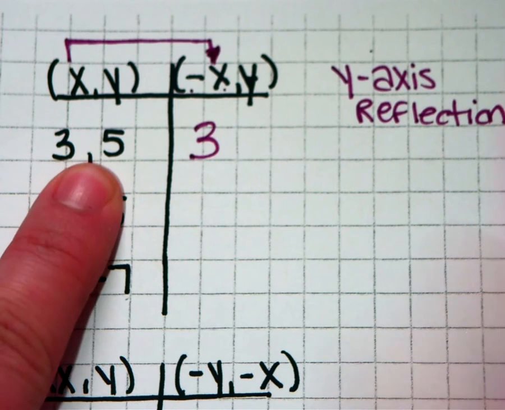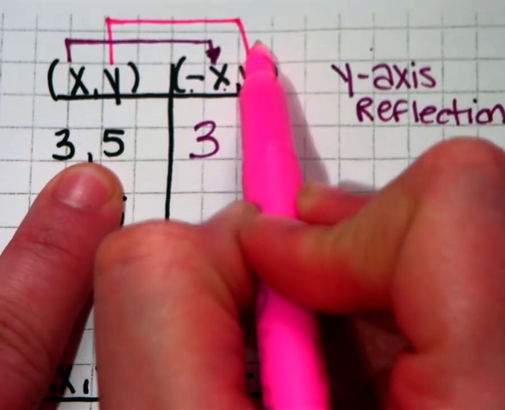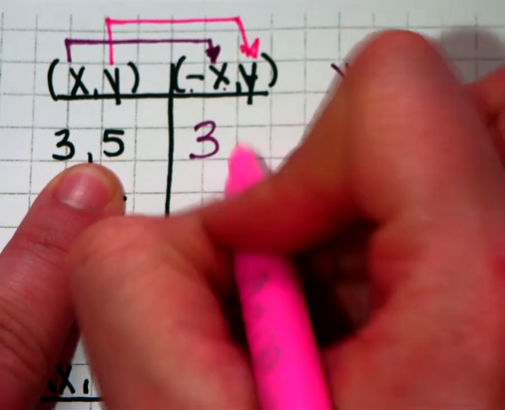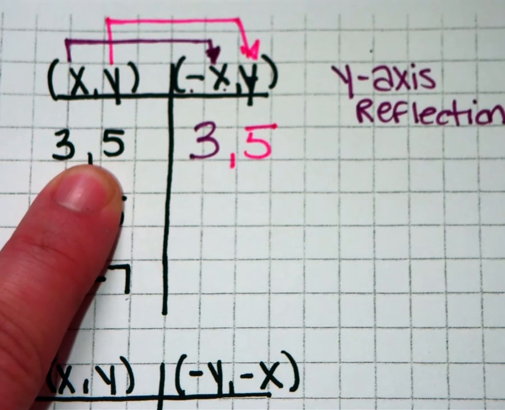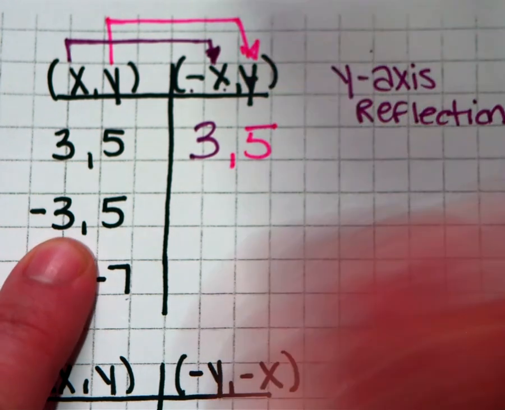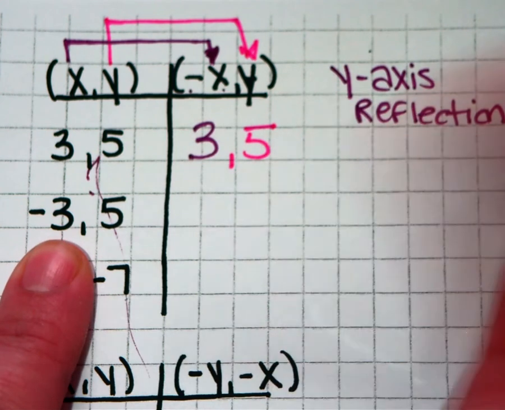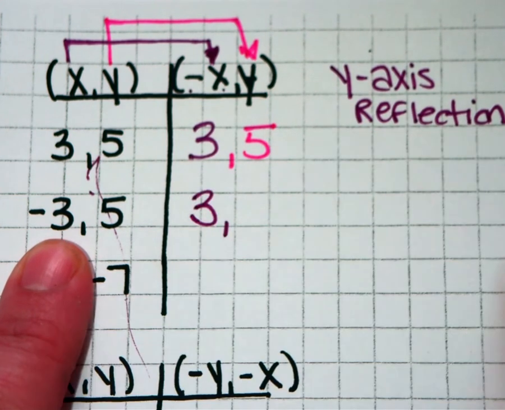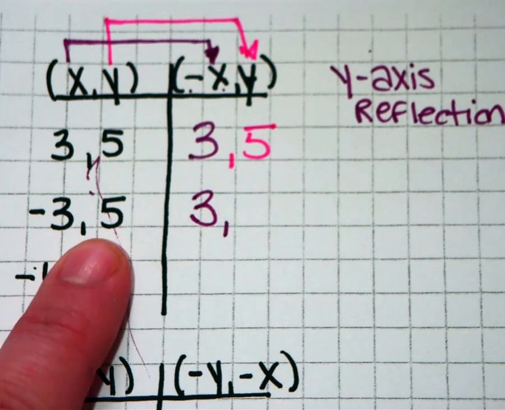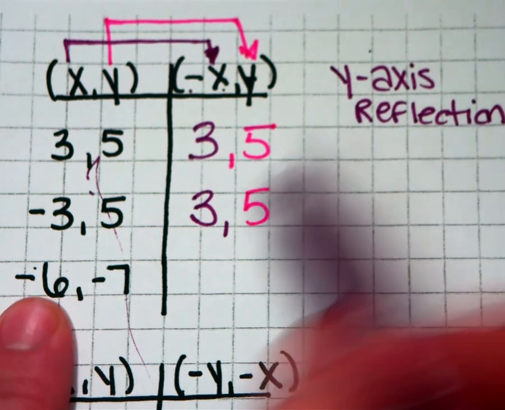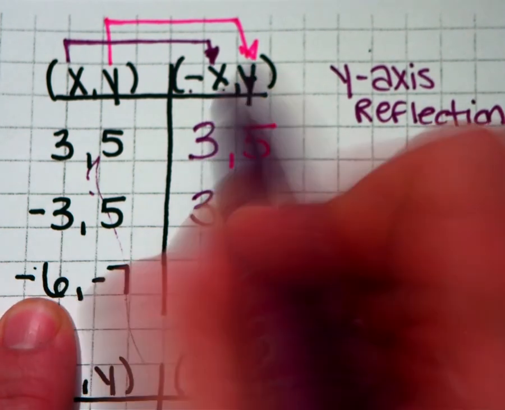Now y is the easy part. On this one, y is just y. So this is just going to stay a 5. Okay. If I want to sign change the negative 3, the opposite of negative 3 is positive 3. And again, my y stays the same because there's no change. All right, we got a negative 6, and I want to change its sign.